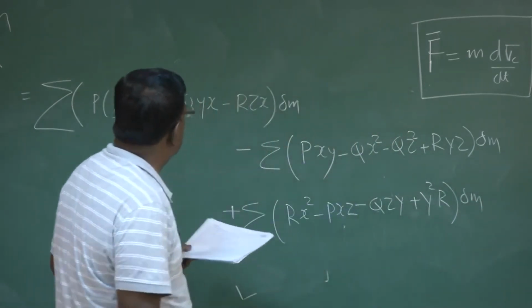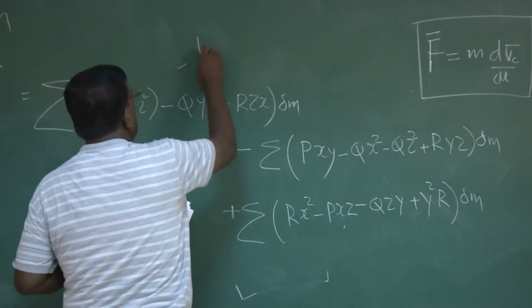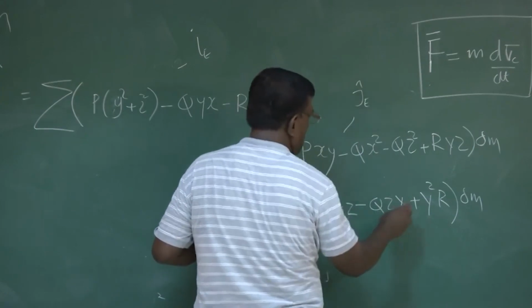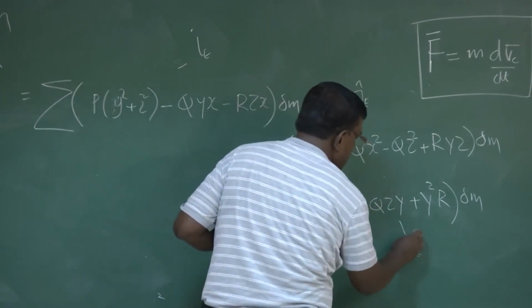You could see here, the first one is the Ie component, the second one is the Je, and the third one is the Ke component.